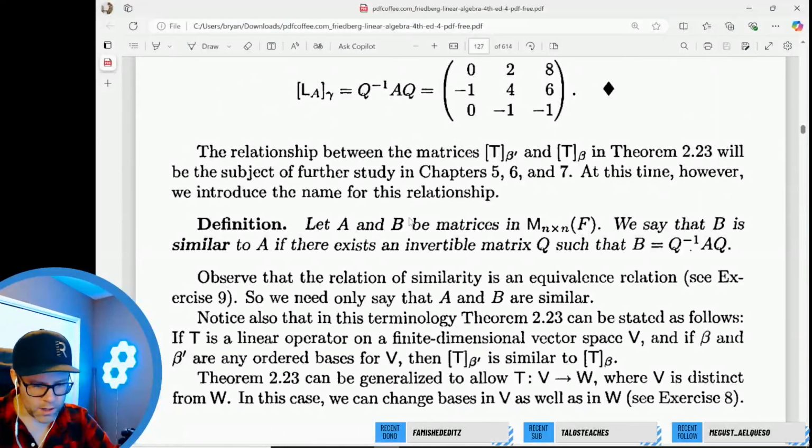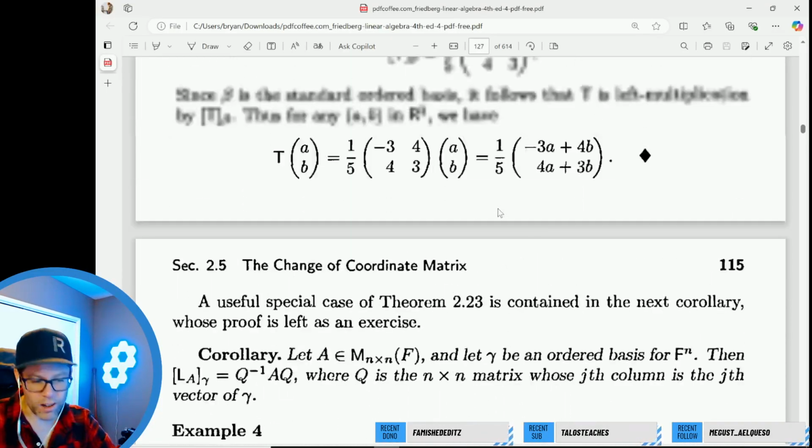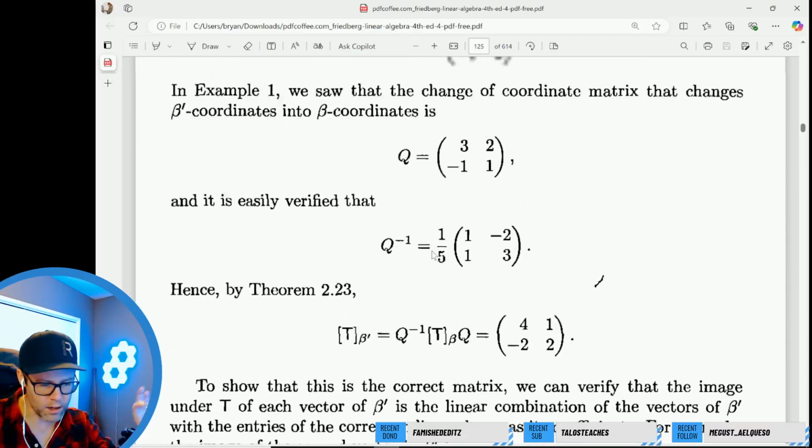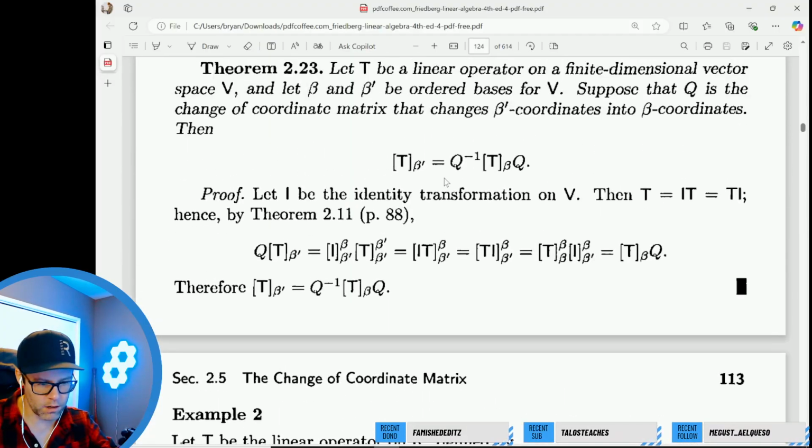Now, the only reason I want to talk about this slightly is, okay, so B is equal to Q inverse AQ. Okay, so they do have the definition here. We could change this to Q if we want. The reason they're talking about similarity is because change of basis can be thought of as a similar kind of transformation.